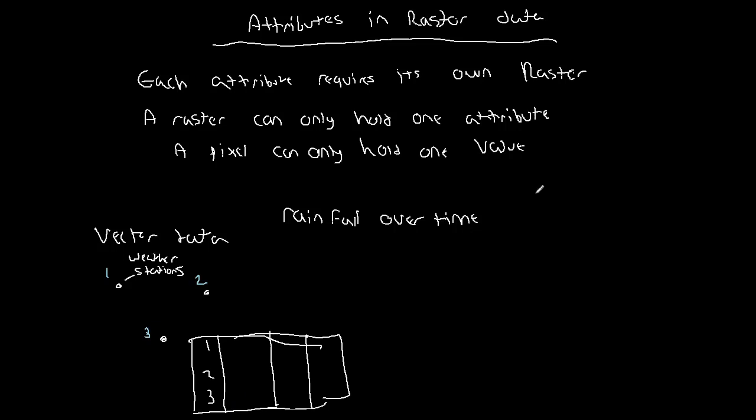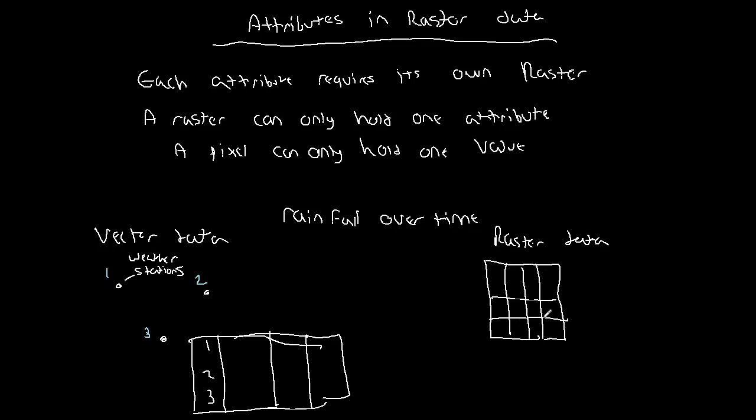For raster data, I'm not going to bother specifying a spatial resolution in this case, but we have something that looks like that. These would normally be evenly spaced grid cells, but I'm bad at drawing.